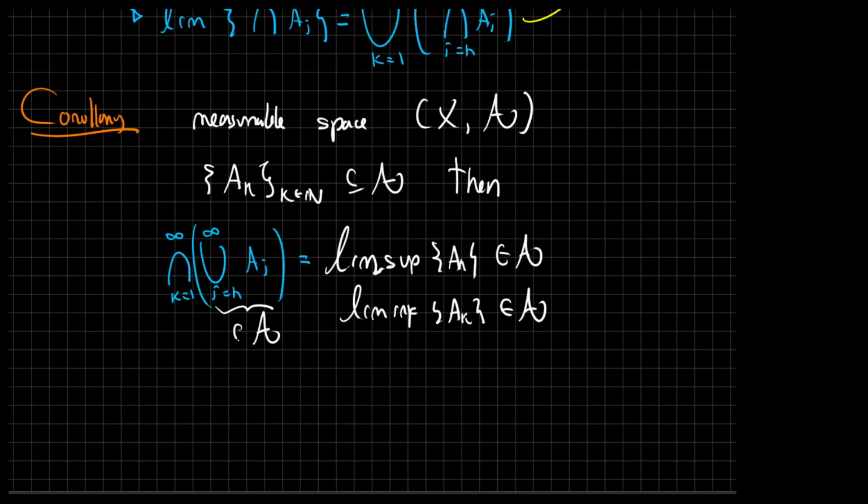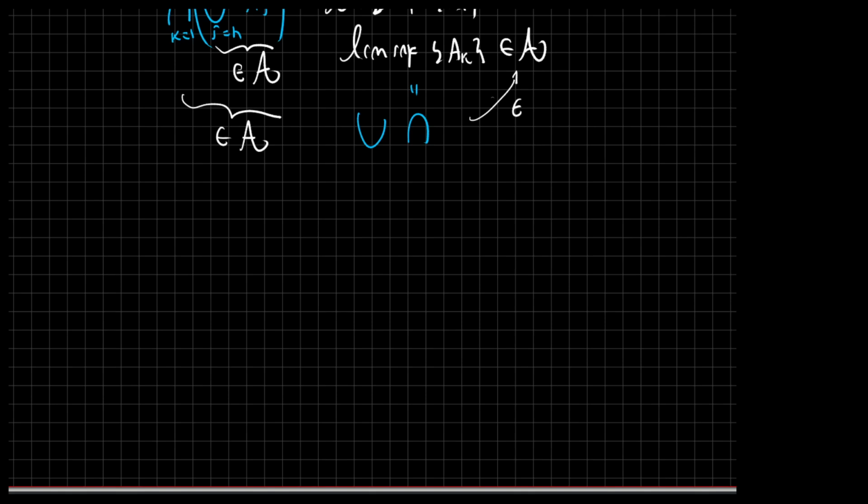And then in the other case, we have a countable intersection of elements of the sigma algebra, so this is still in the sigma algebra. Similarly, the limit of the infimum is a union of intersections. Both of these operations are closed in the sigma algebra, so this is still in the sigma algebra. It's just by definition.